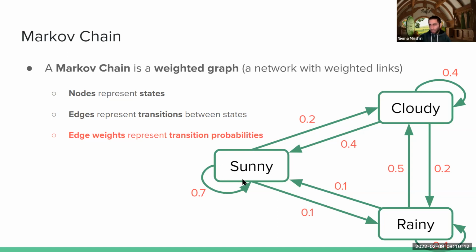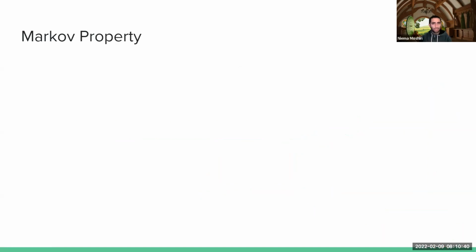And today being sunny and tomorrow being rainy maybe has 10%, 0.1 probability. So we can represent reality, or the states of some real thing that changes, using this Markov chain. Any questions about this example or about what this Markov chain means? Kind of makes sense? Okay, all good, nice.